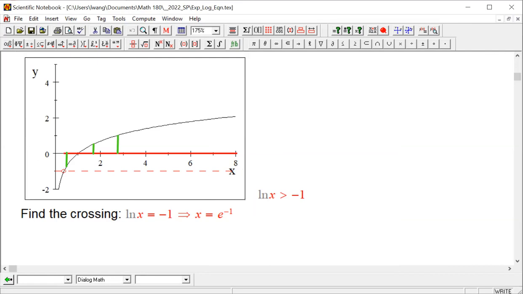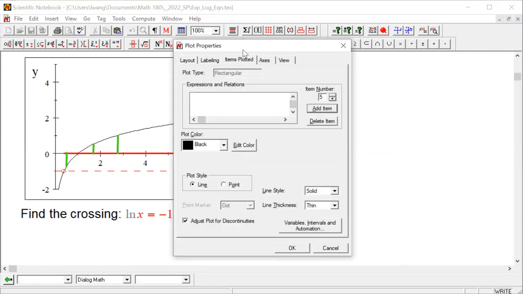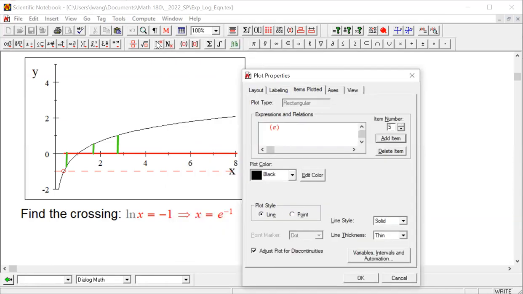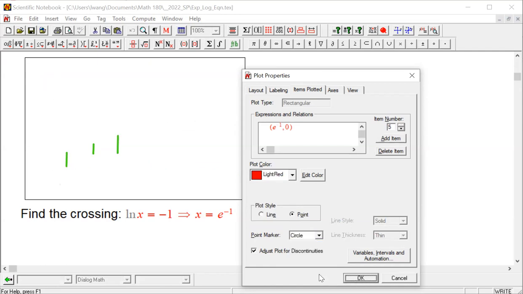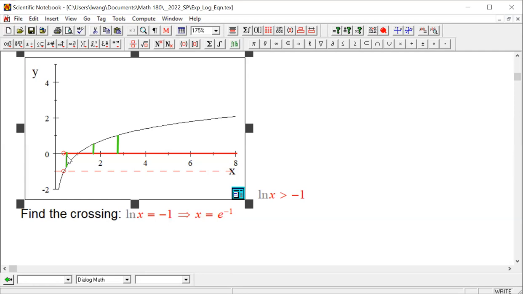We also need to mark that point e to the power negative 1, comma 0, and that has to be a circle. So all the numbers larger than e to the power negative 1.